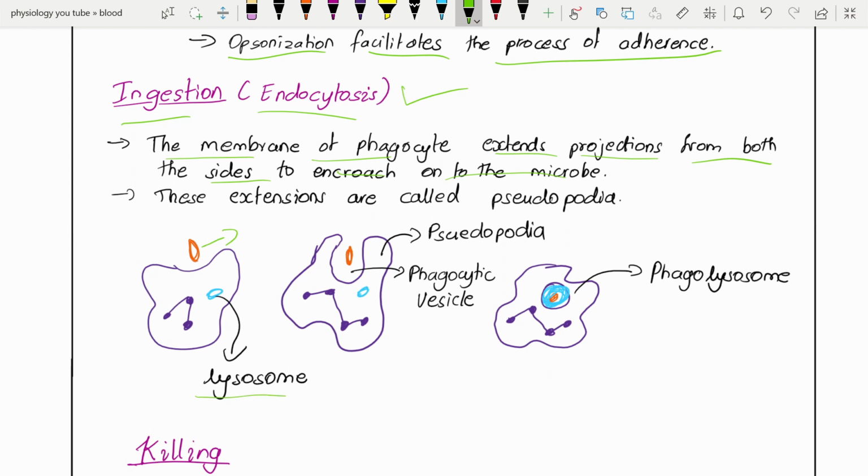And here are lysosomes. Due to this amoeboid shape of neutrophils, it forms pseudopodia around the bacteria and it gets engulfed to form the phagosome. And here you can see the lysosome. Lysosome fuses with the phagosome to form the phagolysosome.